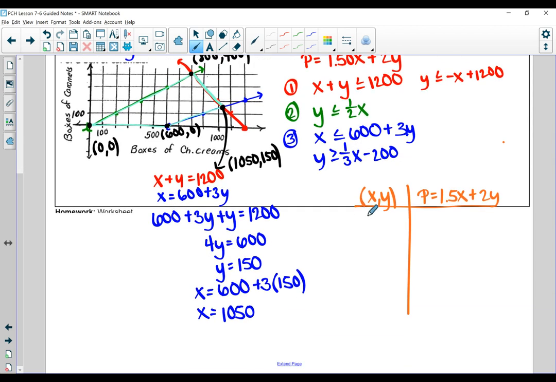All right, so what are my vertices? Well, I know that 0, 0 is going to give me a profit of 0, so not ideal. All right, what was another one? 600, 0. So I'm not going to be selling any caramels here is what this is saying.